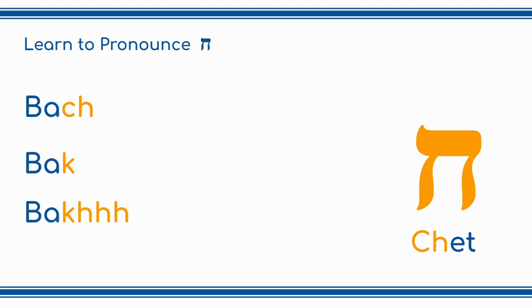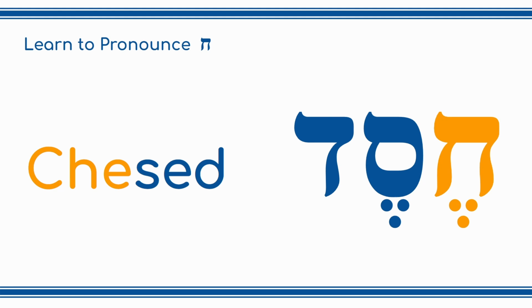Okay, so these are the tips and tricks which you can use to learn the letter Chet. And once you have learned this letter, the name of the letter, and saying Chet and isolating the sound, you can try to say this word, chesed, the word you learned in the previous video. So this part here of the letter is the ch sound.